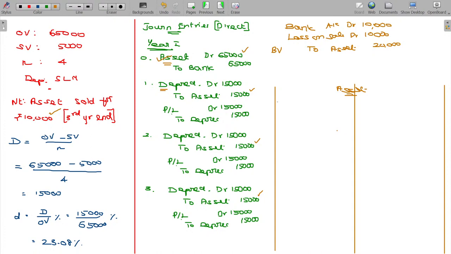So to bank, this value being 65,000. By closing the first year, we reduced the asset's value by 15,000 due to usage, named as depreciation. So by depreciation for the first year, the value being 15,000. The account has to be closed every year. Asset being the real account, it will have the balance carried over for the next year.